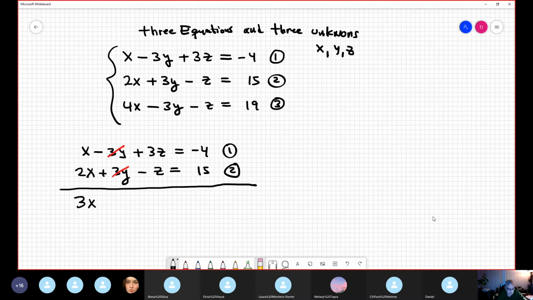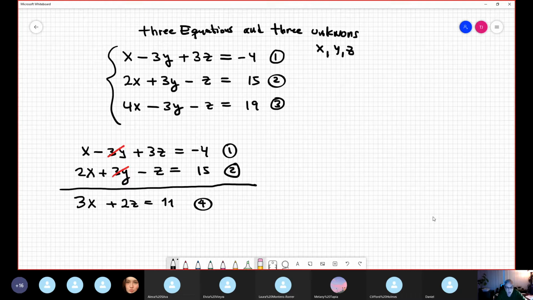The z part is 2z equals 11 because -4 plus 15 is 11. And this new equation I call equation 4, because it comes from the original system when doing the combination of 1 and 2. And this new equation contains only 2 unknowns, not 3.